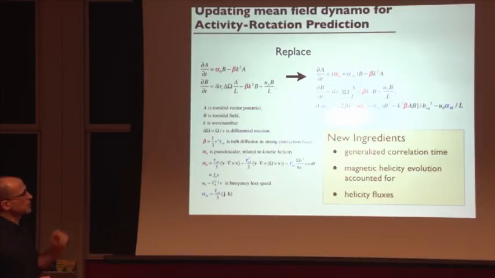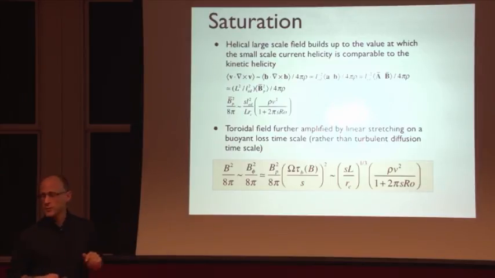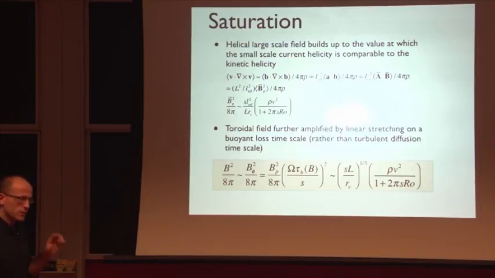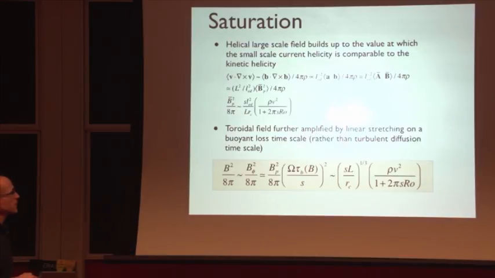Now what I'm going after is to use the result of these ideas, putting it together to construct an X-ray luminosity and connect it to the field that's produced from the dynamo.